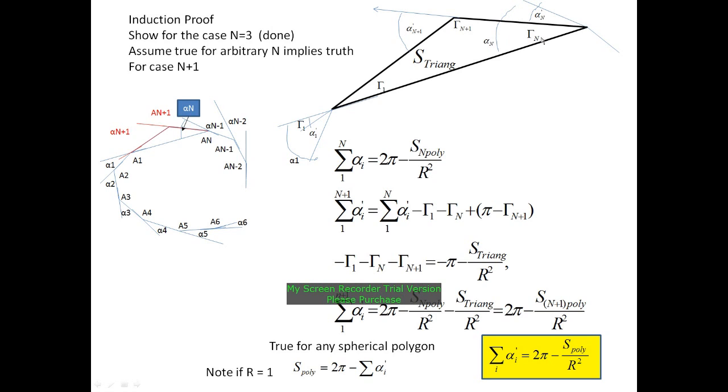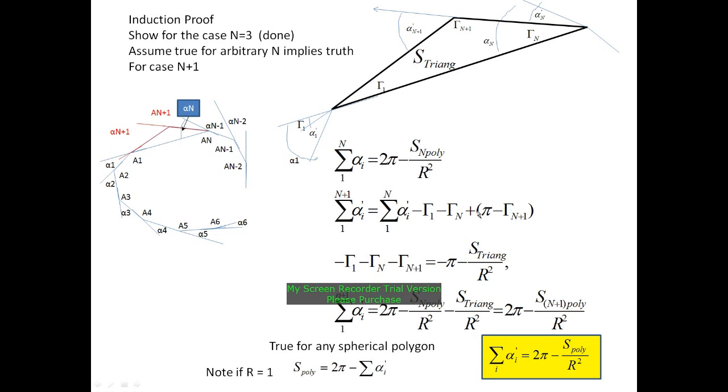I called the internal angles here gamma 1, gamma n, and gamma n plus 1. So to get the new external angle at n, you just subtract off gamma n. The same thing here, to get the new external angle at vertex A1, you just subtract off gamma 1. And then you have the new external angle, alpha prime n plus 1.